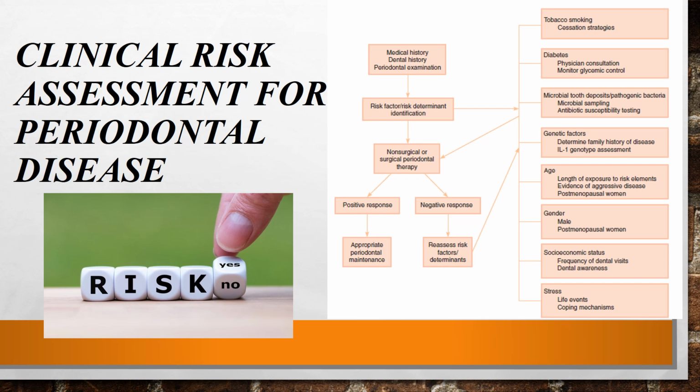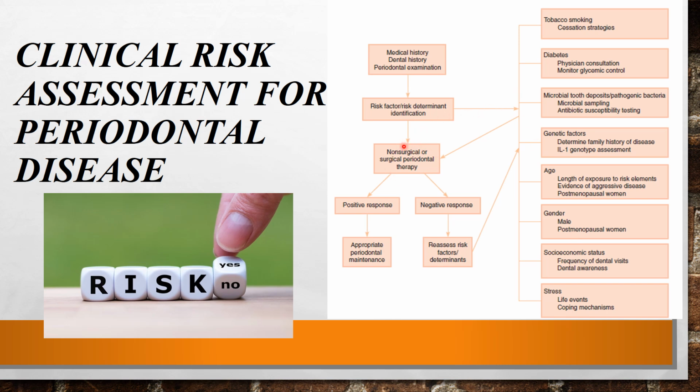so coming to the clinical risk assessment for periodontal disease. As you know, we will be evaluating the risk at various aspects. We have come across all the medical history and dental history, then we are evaluating the risk factors, such as tobacco smoking and diabetes, and then we will be going to the treatment area.